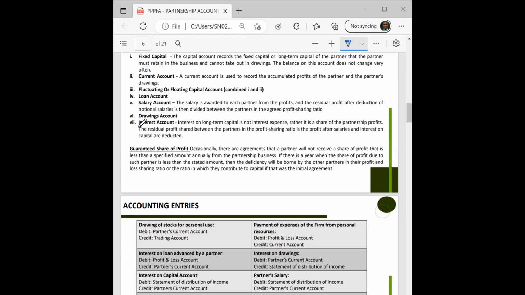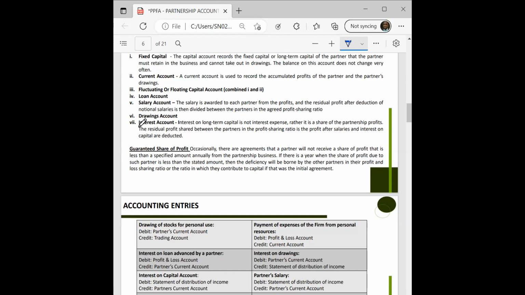Nonetheless, this interest that you have charged, you can't call it interest expense. During your normal accounts, you write your gross profit, then from your gross profit, you remove all your operating expenses, you remove interest expense before you get your profit before what? Profit before tax.